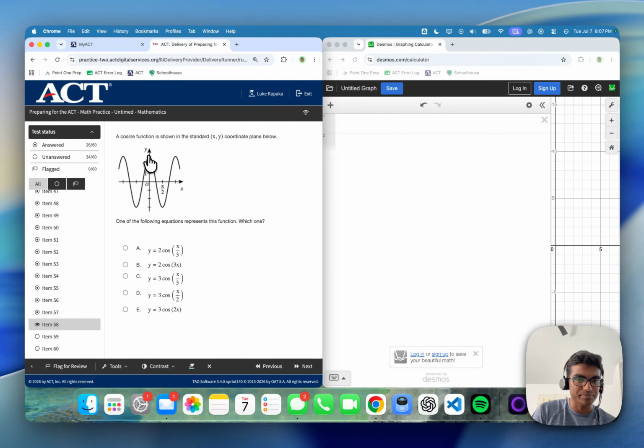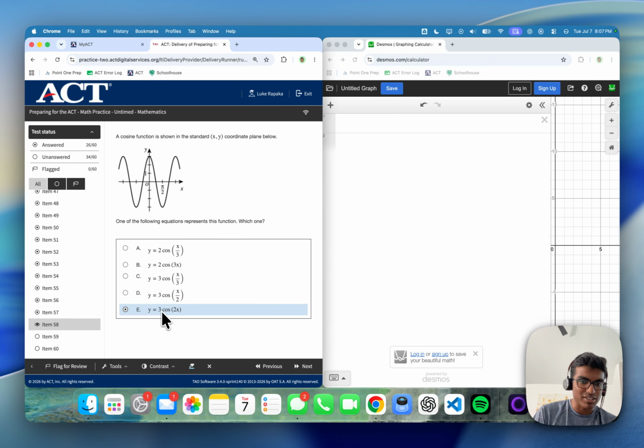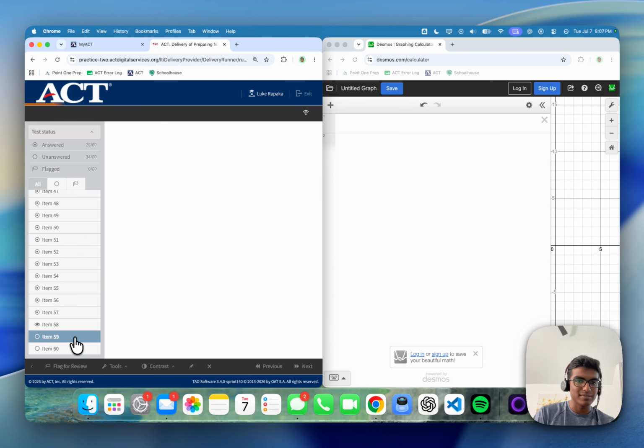The highest it goes is 3, so it can't be A or B. The other thing I'm seeing is that this full period here is completed at pi, whereas for a regular cosine function, it usually takes 2 pi to complete the period. So I know it's going like twice as fast, essentially. So I know it has to be E, because the amplitude is 3, so the 3 is the coefficient in the front, and then it's 2x because it's going twice as fast.